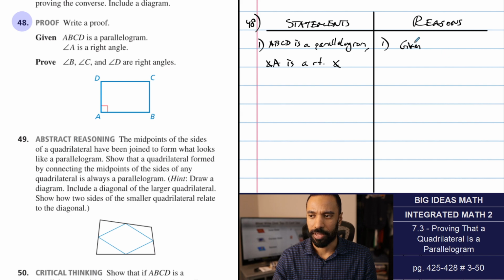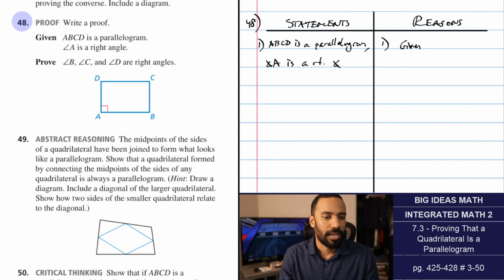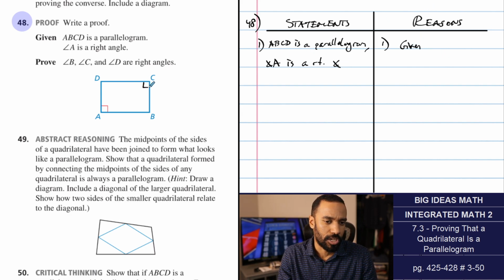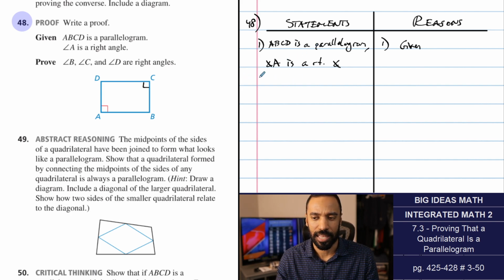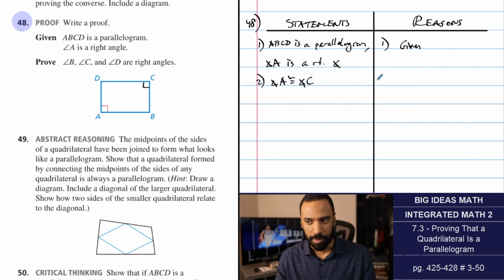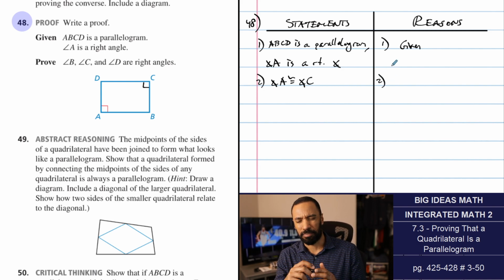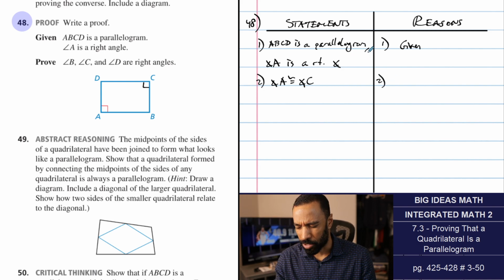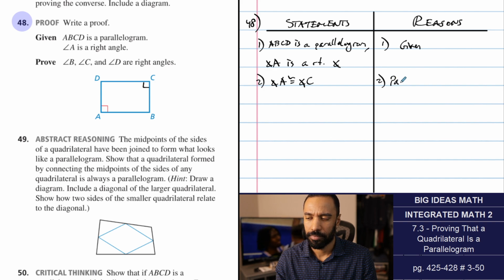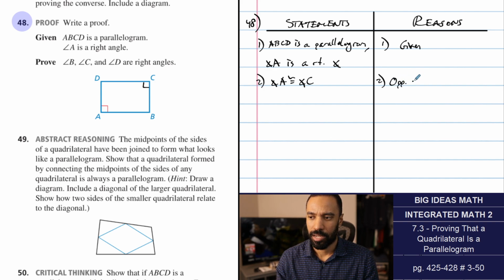So what can we do off of that? Okay. Angle A and angle C would be congruent because now there's more I'd have to state to that, right? But angle A is congruent to angle C, not by definition of a parallelogram, but by the opposite angles congruent theorem for parallelograms.